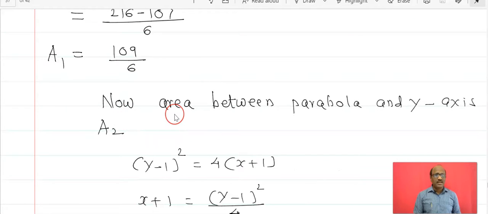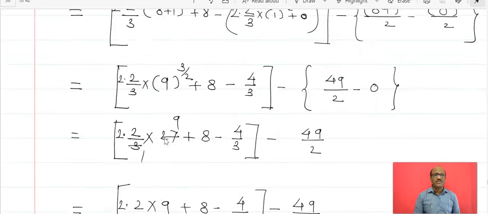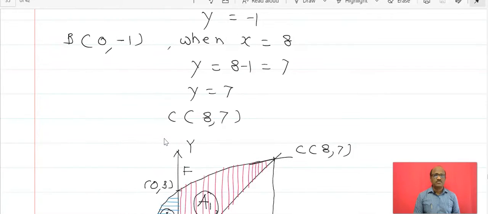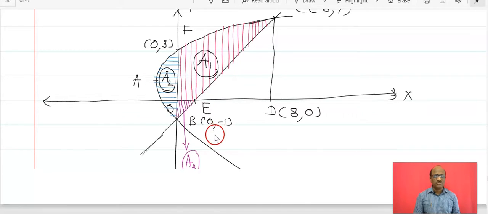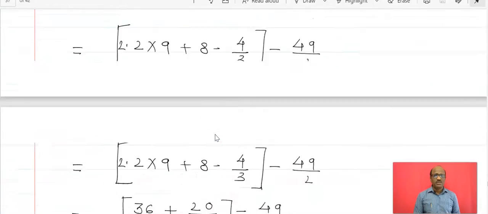Now, the area below the parabola, we will calculate the area A2. Where is A2? Now see this here, A2. This is the area below this parabola. Now the values of x vary from x equals minus 1 to 0.